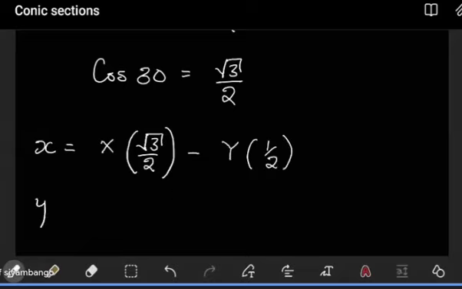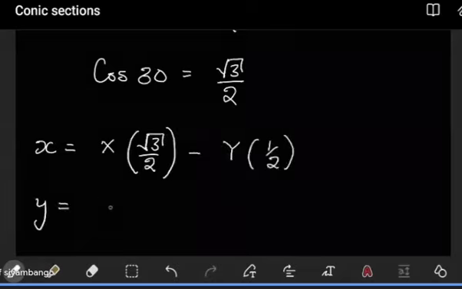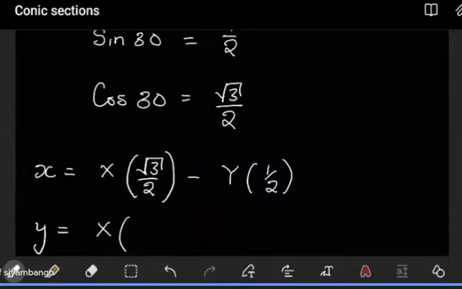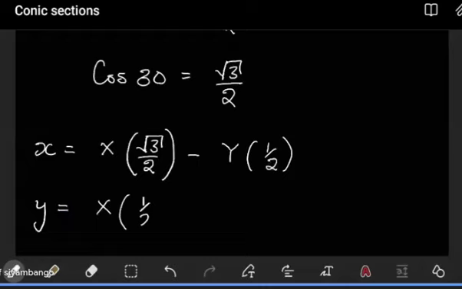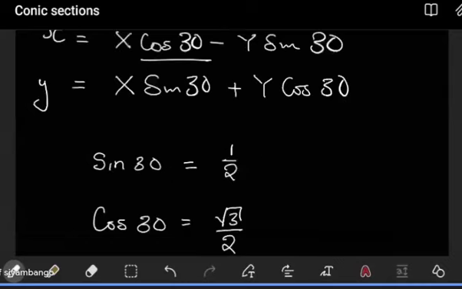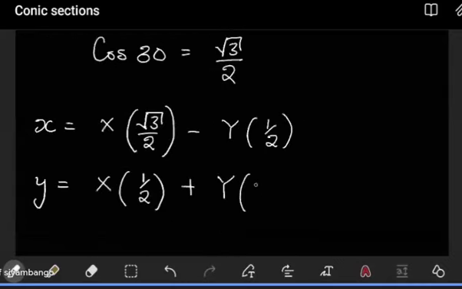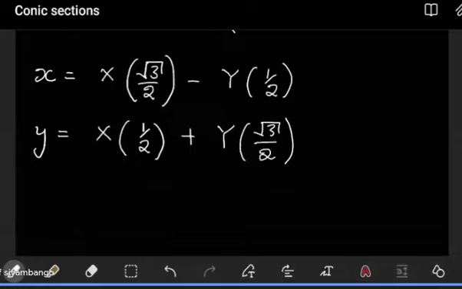In the same way, this will be x times sine 30, which is half, plus y times cos 30, which is root 3 over 2. So now just simplify this.